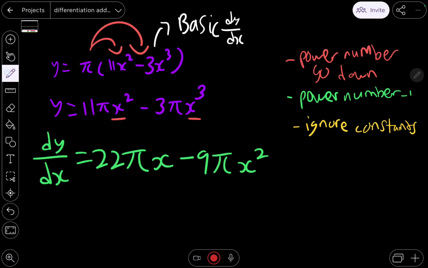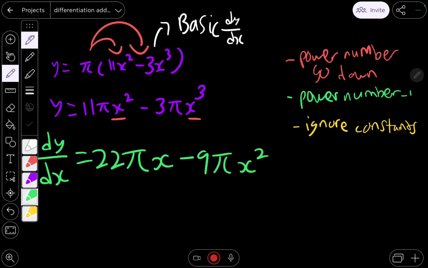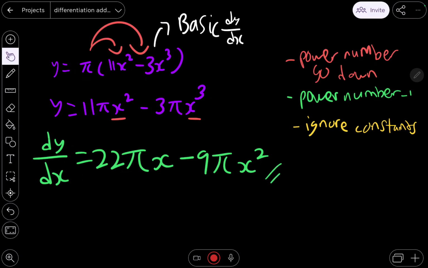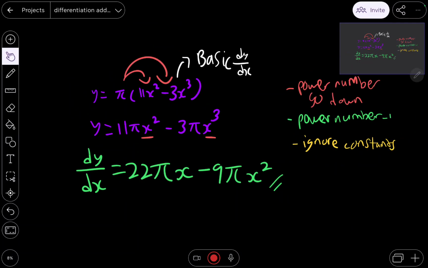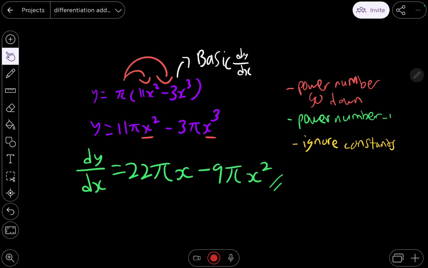Do we have any constants here? Don't have. And that's it. It's our final answer.